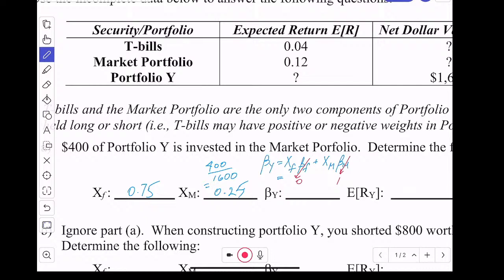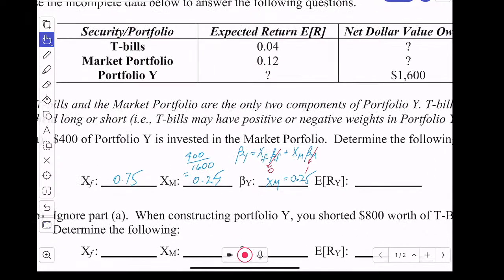So the final result reduces to just XM. So the risk of the new portfolio depends completely on how much is invested in the market portfolio. So the sensitivity of the new portfolio is completely dependent on the proportion of risky asset investment.